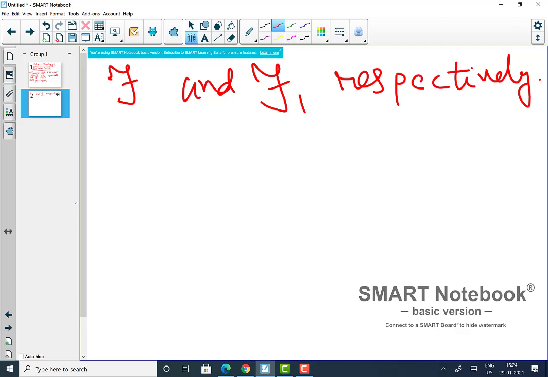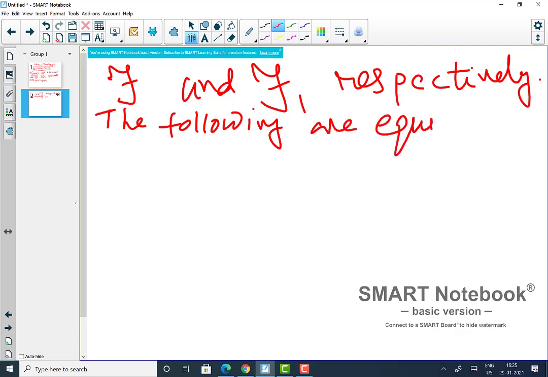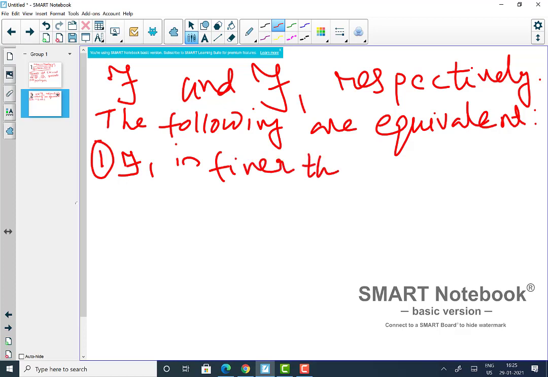In this case the following are equivalent. That means I will discuss two conditions, and one is equivalent to the other. What is the first condition? The first condition says that tau1 is finer than tau.